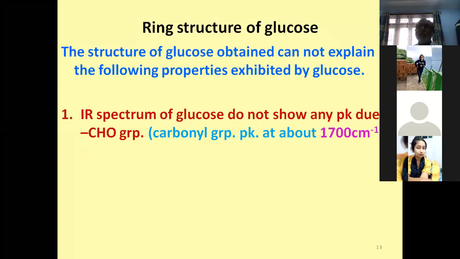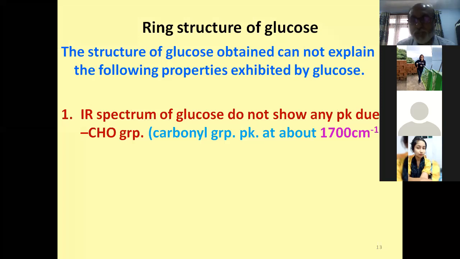So this is the biggest anomaly with the structure. It is showing the property of aldehyde. We have written the structure of aldehyde which satisfies the molecular formula and this configuration, everything. But when we take the IR spectrum, we don't find the carbonyl group present.